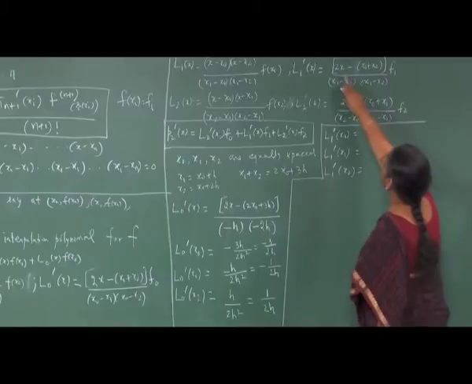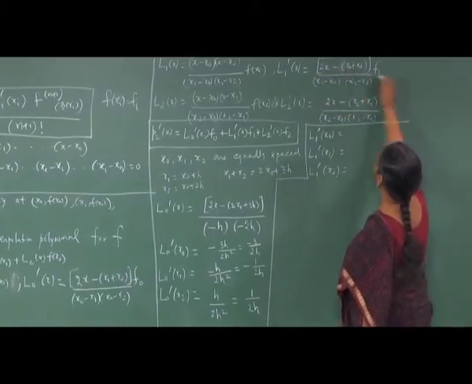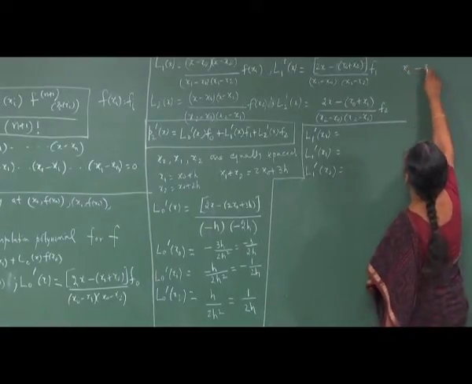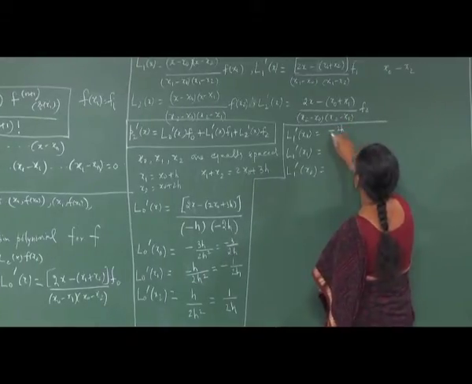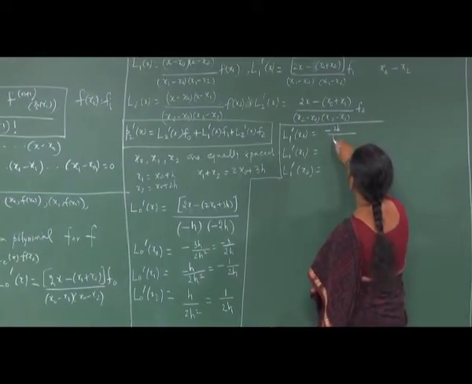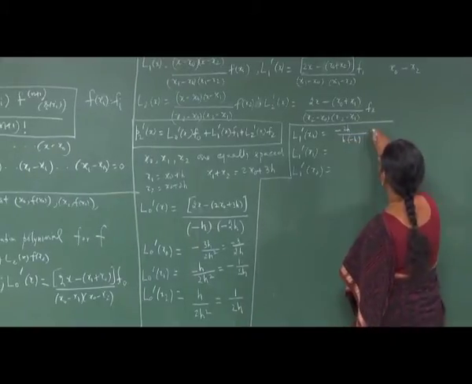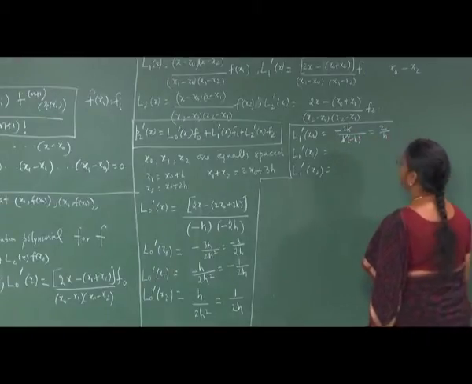L1 dashed at x naught will be 2x naught minus x naught minus x2, so it is minus 2h divided by (x1 minus x naught) into (x1 minus x2). That will give you 2 divided by h.